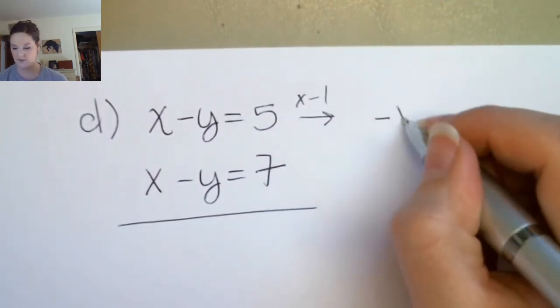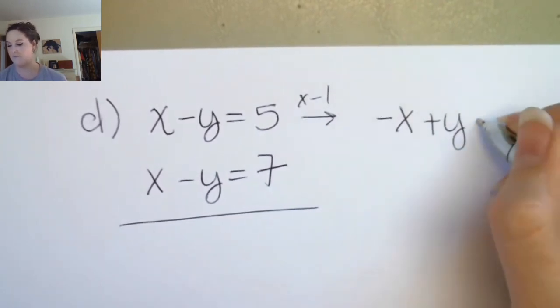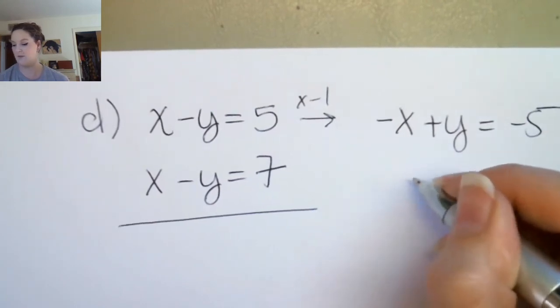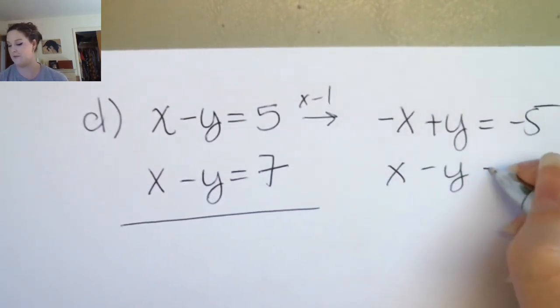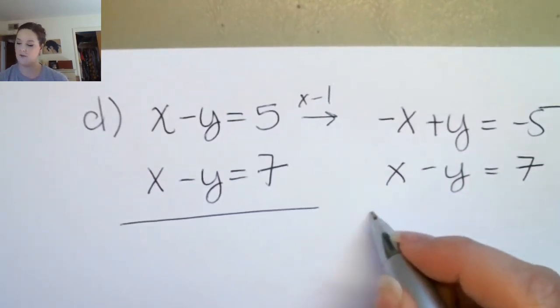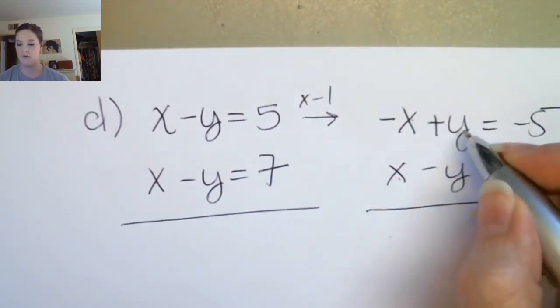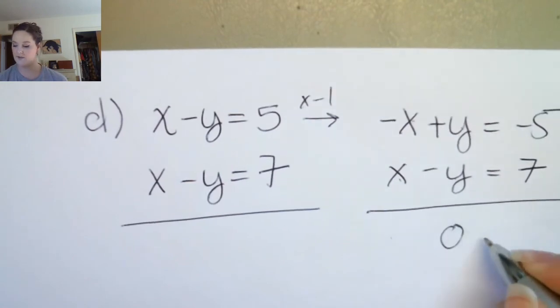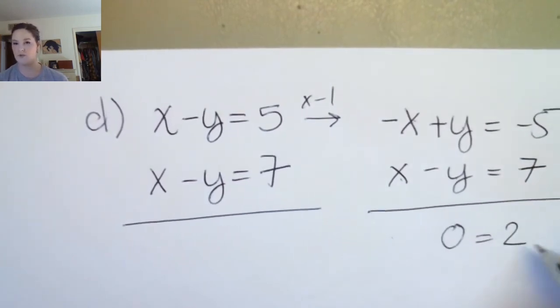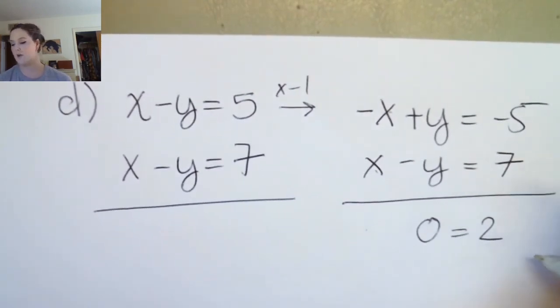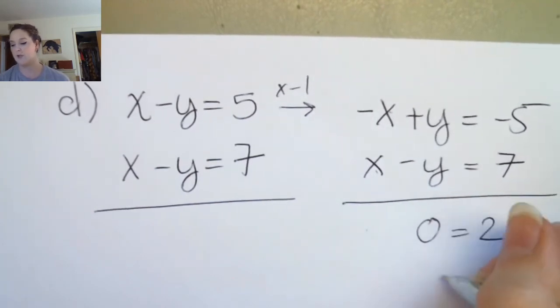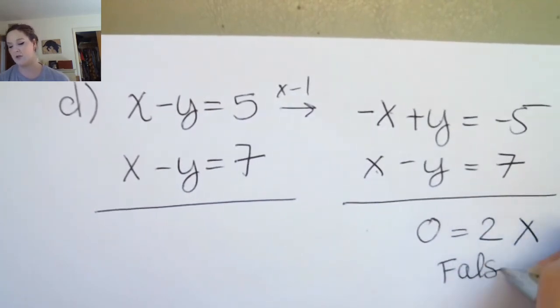It doesn't matter which one. Okay, there we go. So then we're going to add them. -x plus x is 0. y plus -y is 0. -5 plus 7 is 2. Okay, so in contrast to what we did in example B, this is a false statement.